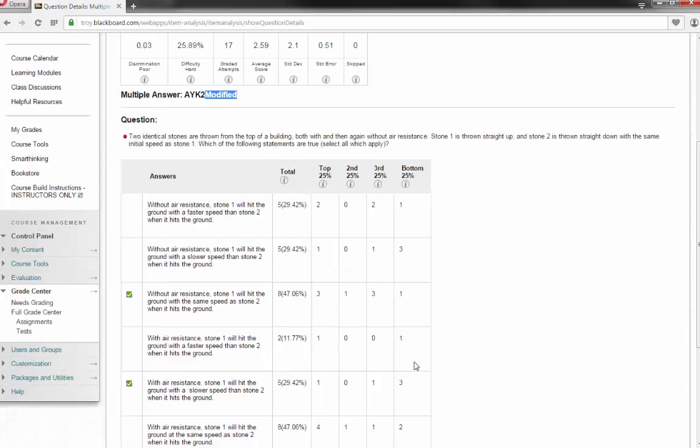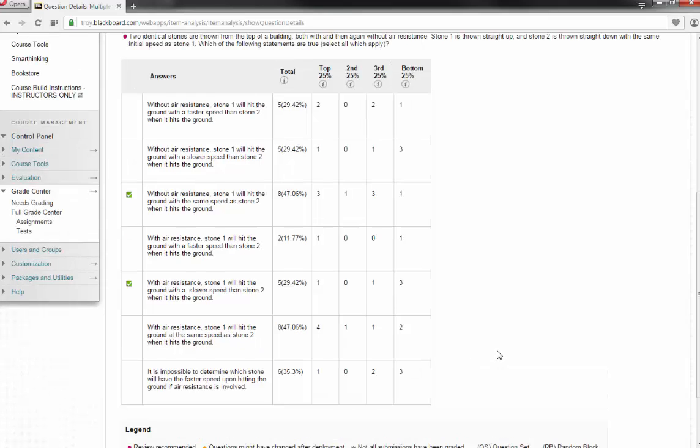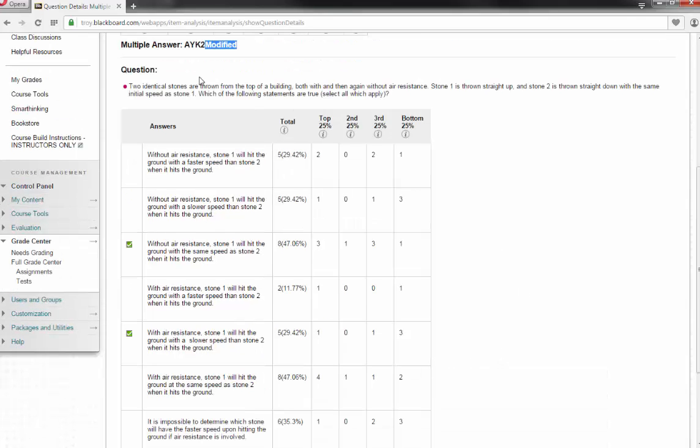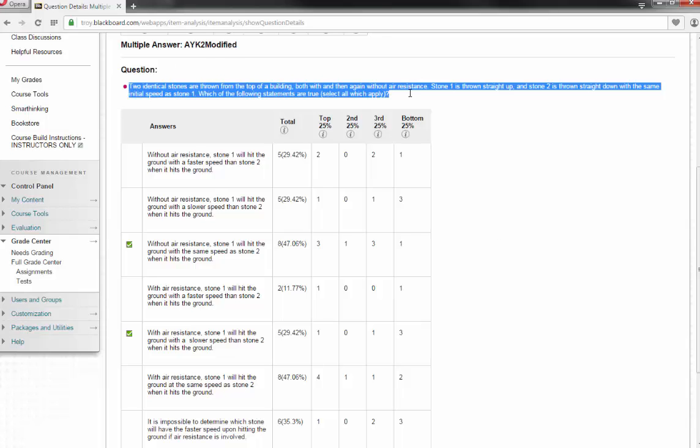So this one was changed into a multiple choice question, and I made one modification: I asked what happens if there is air resistance and what happens if there is no air resistance. The question is written right here.